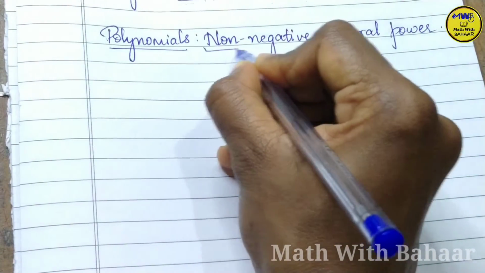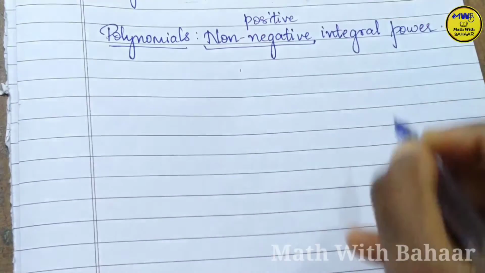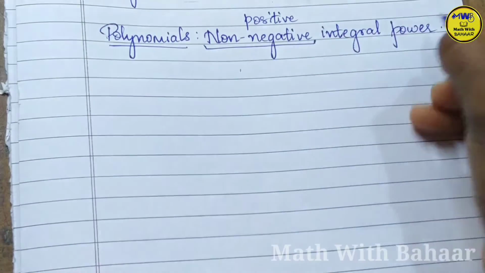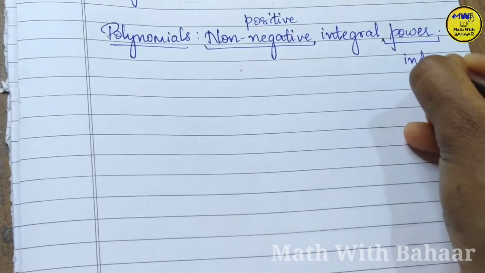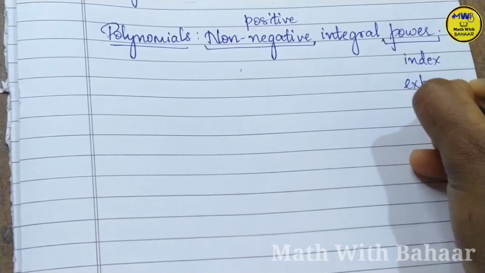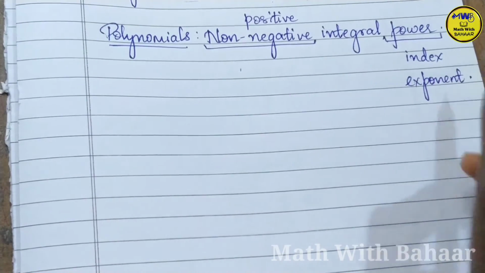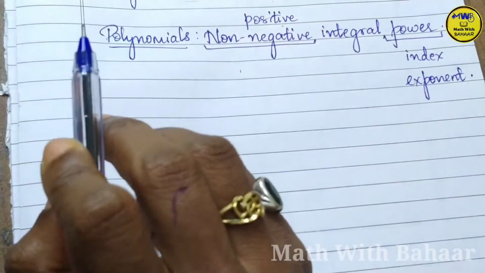That means the power should always be positive. Remember this: whatever power is present in the full expression, it should be a positive number. The power can also be called the index or exponent. The power, index or exponent should always be a positive number. Only then you can consider it a polynomial.